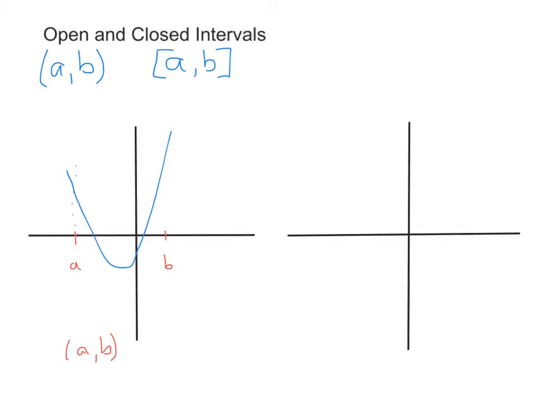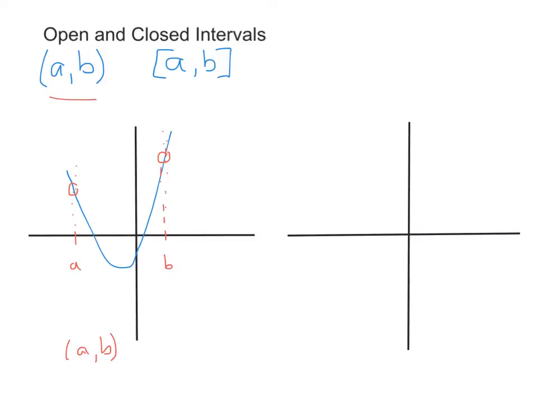If I extend this up and extend my other endpoint up, these are the endpoints of my interval. If these values aren't included, we're not going to include this value here at A, and we're not going to include this value B because of the open interval status.